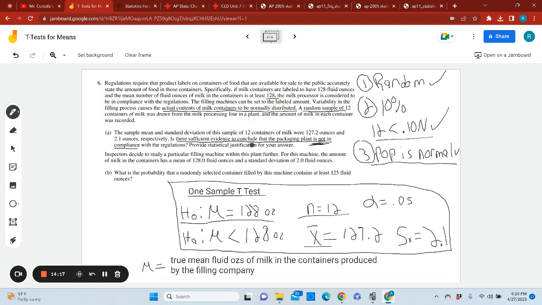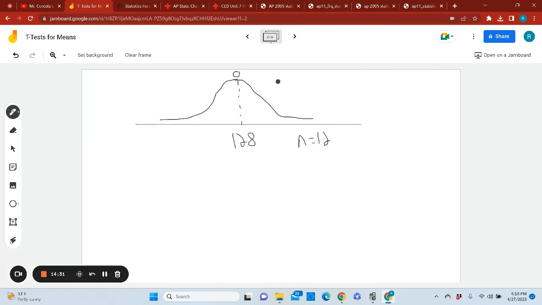They could have said, is there evidence to support that the average amount of milk in the containers is not equal to 128? Then I would make the does not equal sign, and I would have to split this 5% area amongst both tails. But since it's a lower-tailed test, my rejection region is all going to be in this lower tail.